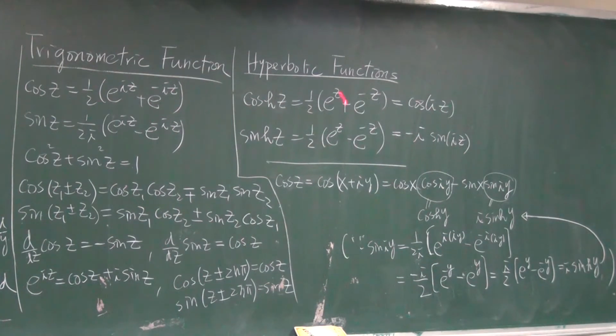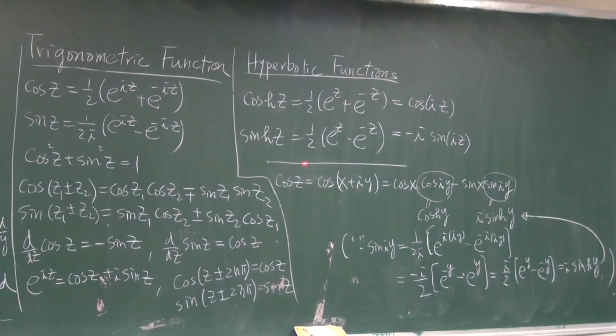One more type of function is the hyperbolic functions. We define the hyperbolic cosine and hyperbolic sine functions by this formula. It is easy to find that hyperbolic cosine z equals cosine iz, and hyperbolic sine z equals minus i sine iz.